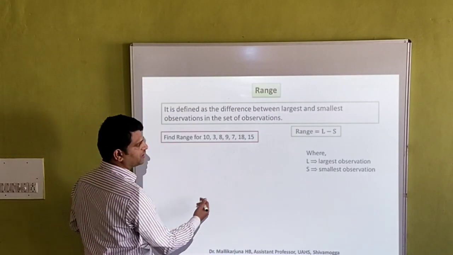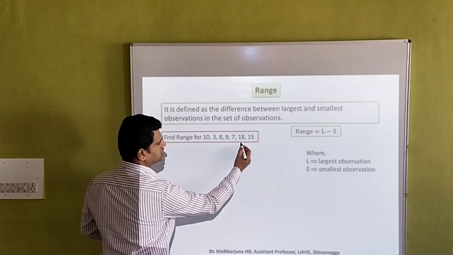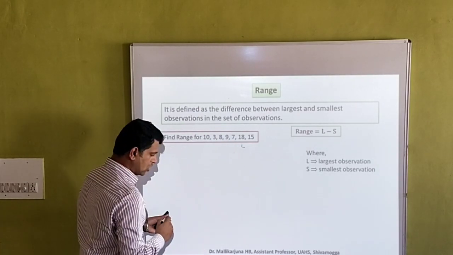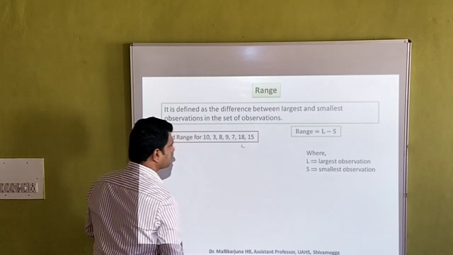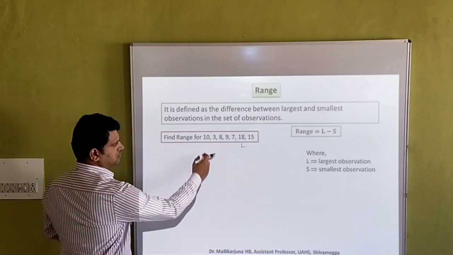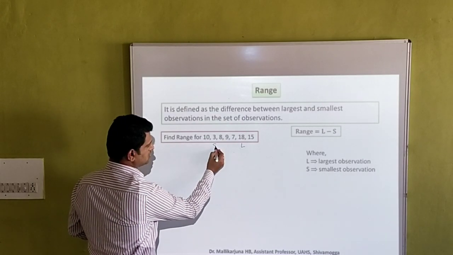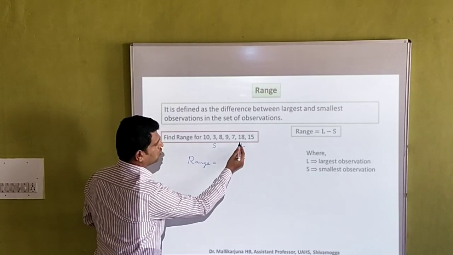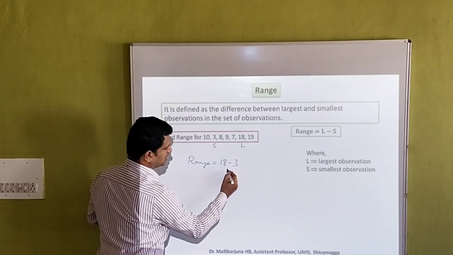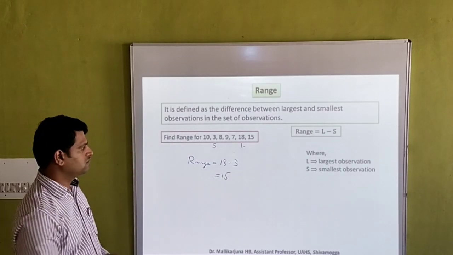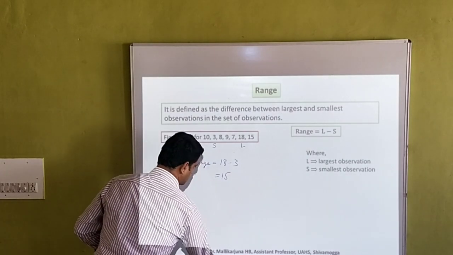The largest is 18 and the smallest is 3. So range is equal to 18 minus 3, which is 15 here, as stated. 15 is the range for this set of observations.